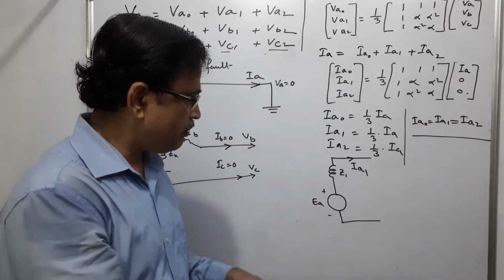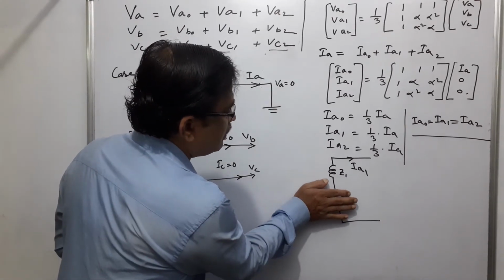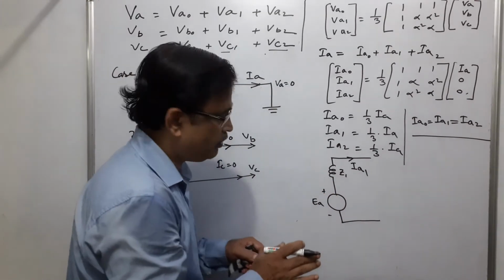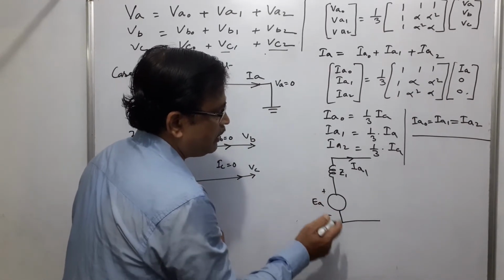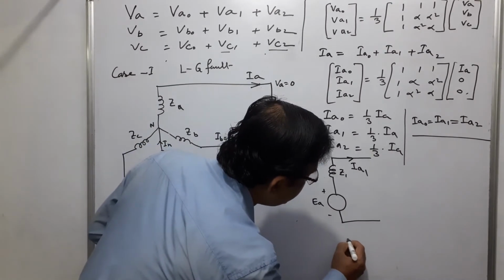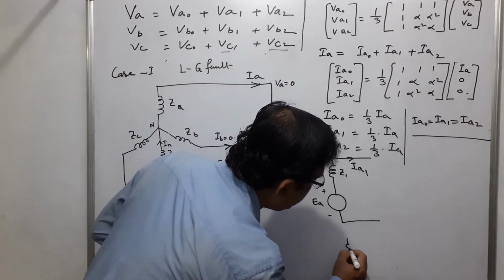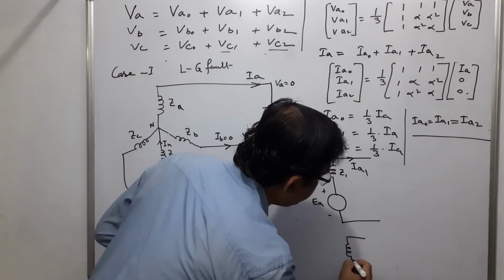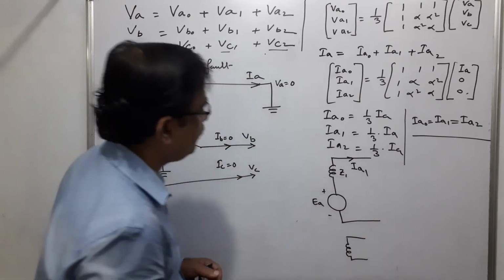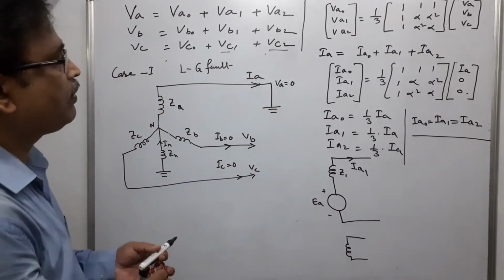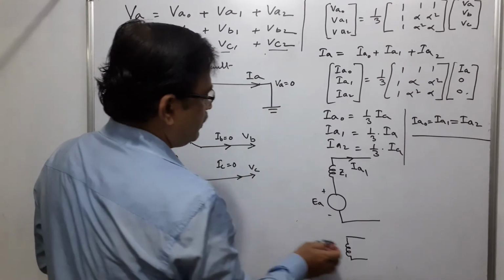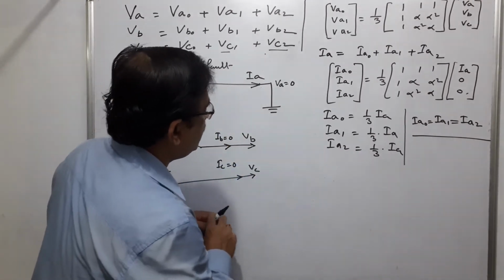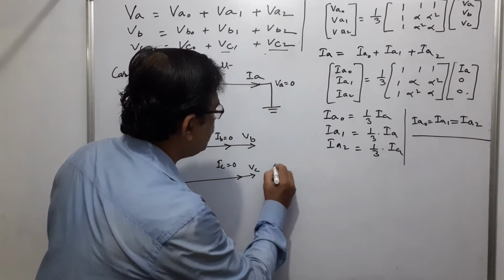In case of the negative sequence network, this EMF EA will not be there, because the generator only generates positive sequence voltage. Let me draw it clearly here; we'll get a little bit more space.